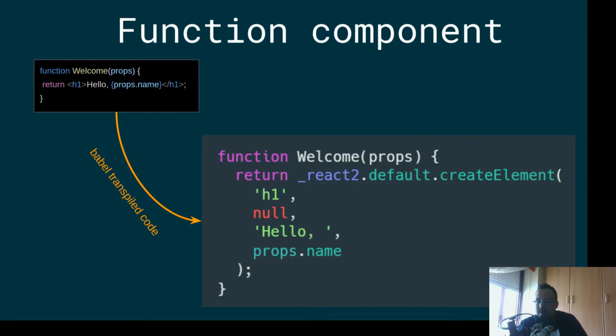It's three lines for us to write, but we have to see the Babel transpiled code, what is really delivered to the browser. It is transpiled as a function that returns the result of calling React's createElement, which creates an h1 with null props that has inside Hello, props.name.